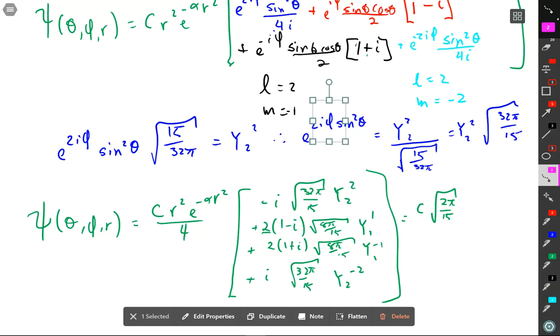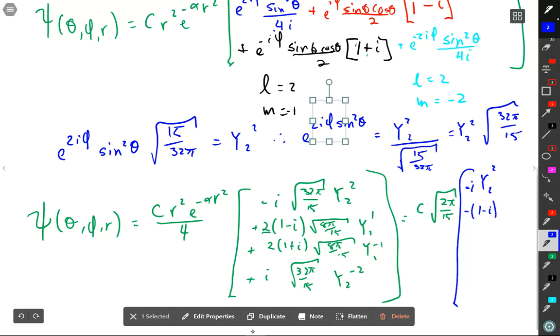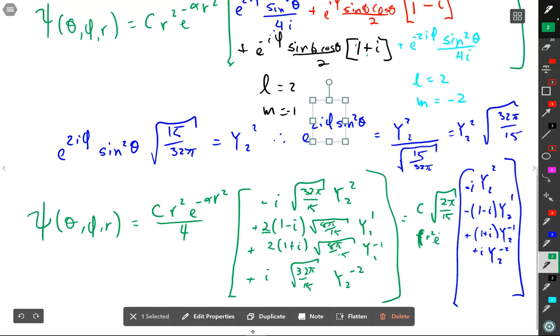So that's where the 2 pi comes from. And then I just didn't give myself room, times r squared e to the minus alpha r squared.